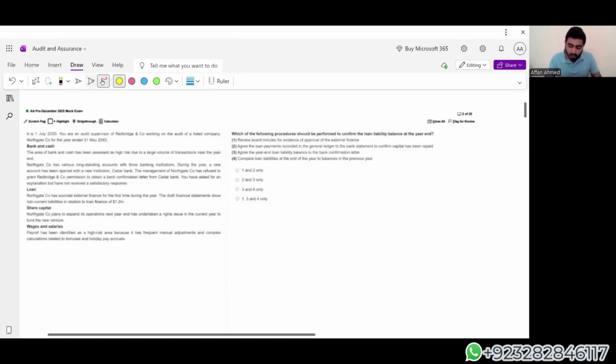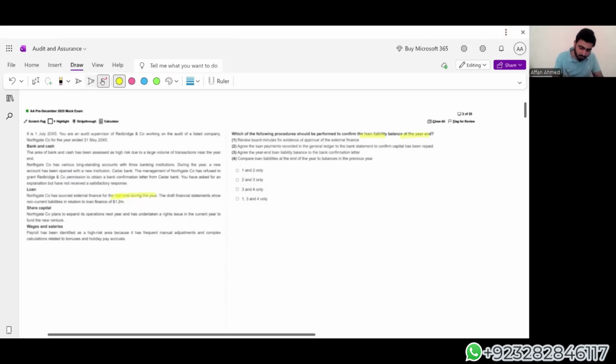Now, next thing, which of the following procedures should be performed to confirm loan liability balances at the year end? So, loan liability balances at the year end are to be discussed here. Let's see. What is a loan liability? Data that we have: the company sourced external finance for the first time in the year.